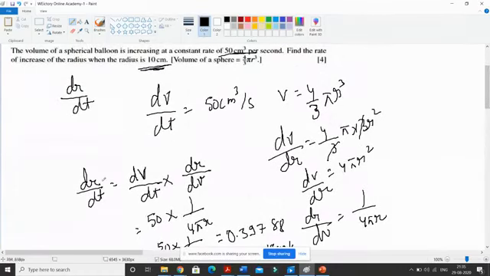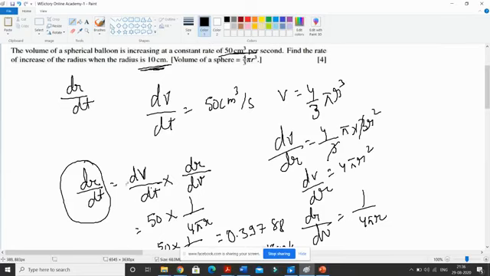I hope it is clear. The concept is, what they are asking you, write it on the left side. What they have given you, write it on the right side and try to manipulate it so that you get dr over dt. They want us to find dr over dt. We have written it on the left side, and then dv over dt, which was given, and we will multiply with dr over dv.